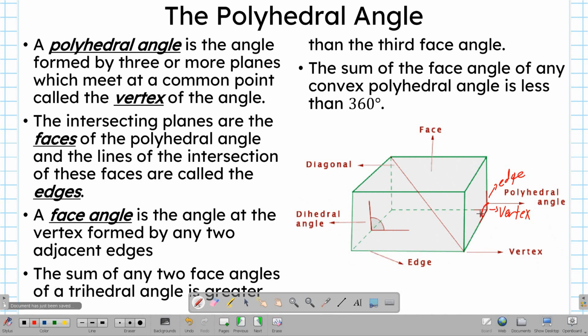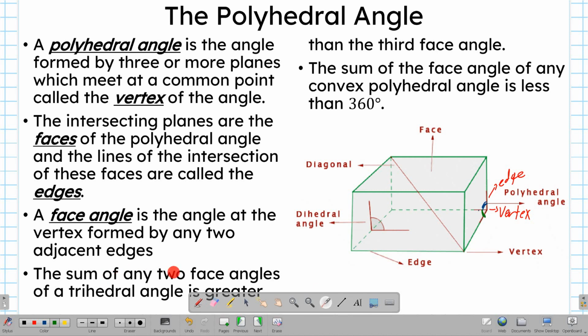This angle here is also a face angle. The one down below here, marked in blue, is also a face angle. Even the one here, it's kind of difficult to mark, is a face angle.